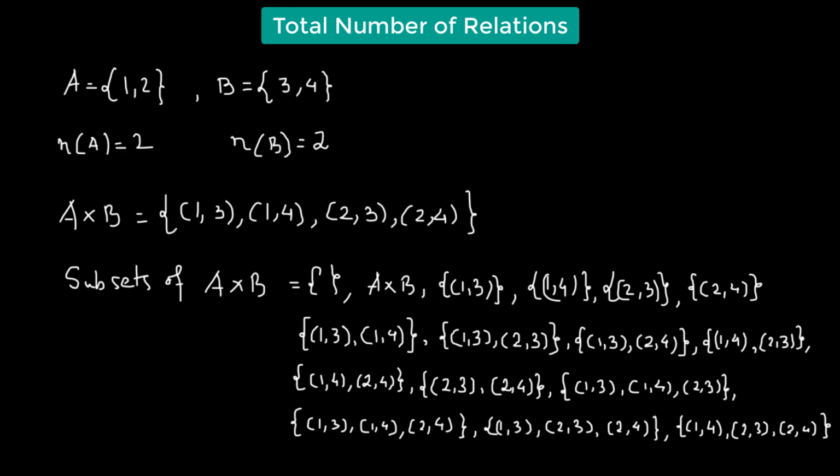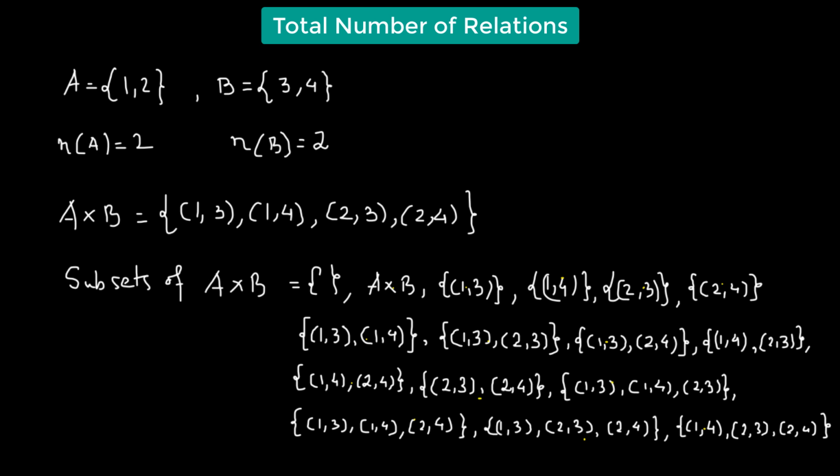Let me list all of them. So here we have 16 subsets. Each of them is written down, so we have 1, 2, 3, 4, 5, 6, 7, 8, 9, 10, 11, 12, 13, 14, 15 and 16.